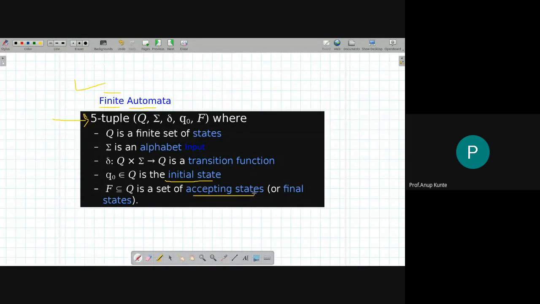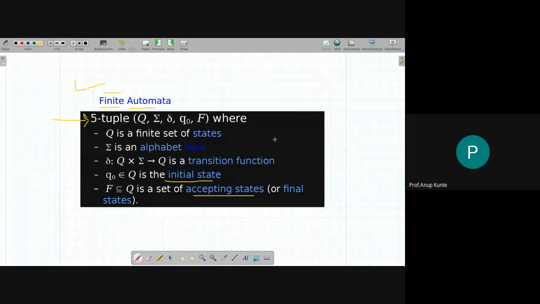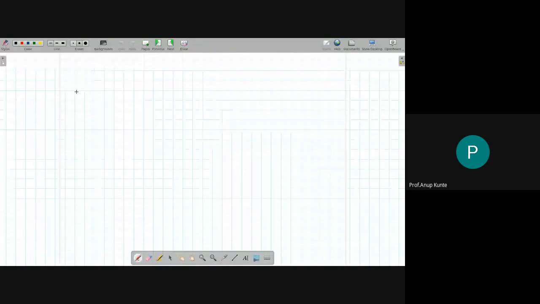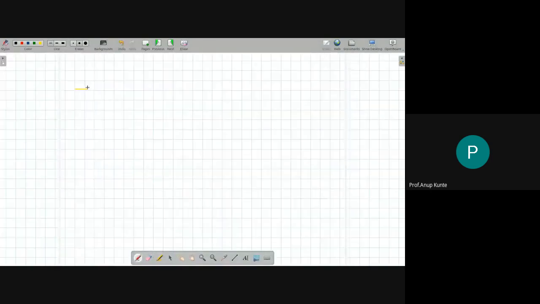Now whatever I'm speaking will make more sense if we look at some other device with some other configuration. So bear with me for my drawing skills for a few more minutes. I'm going to draw a transition model for another automata.